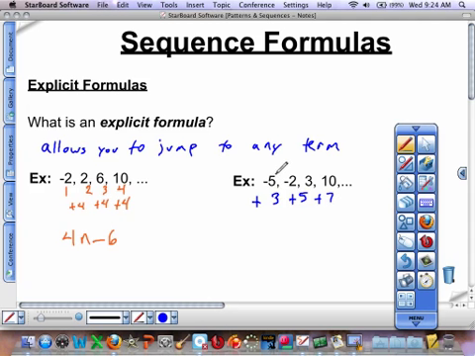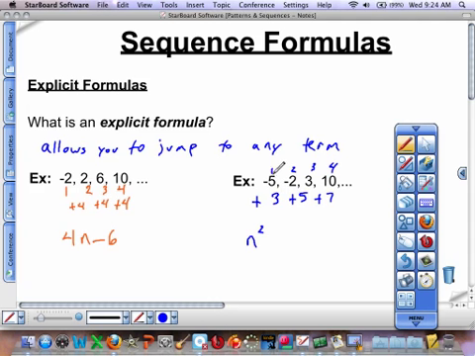Again, this is term 1, 2, 3, 4. It's a little more difficult. So let's start off with n squared. What's 1 squared? 1.